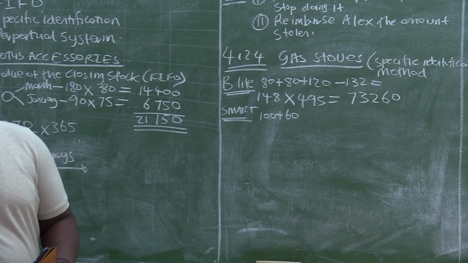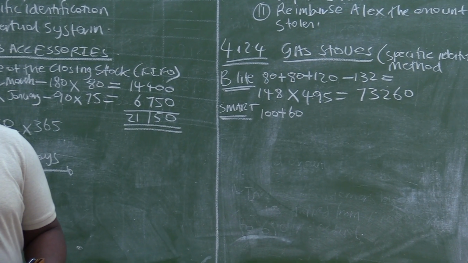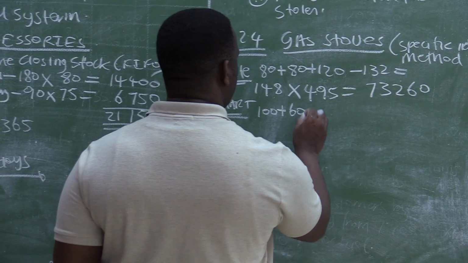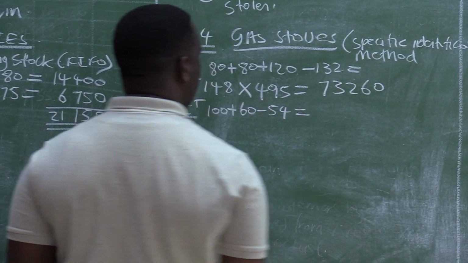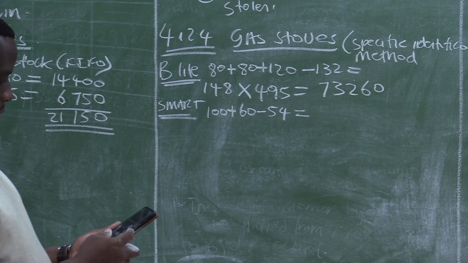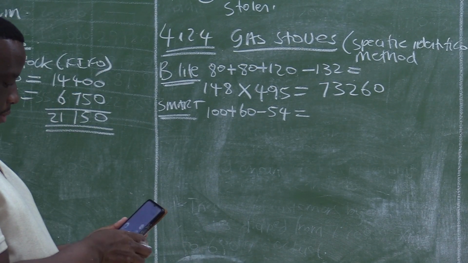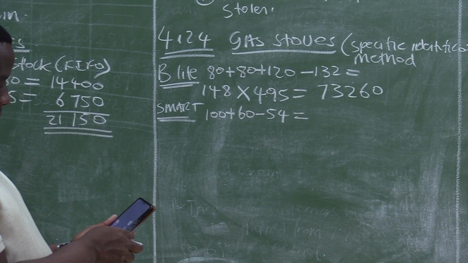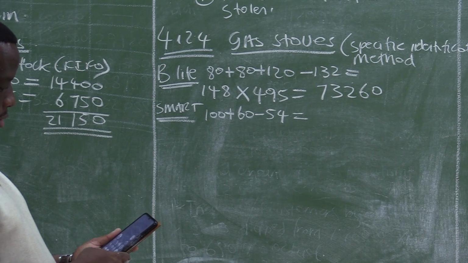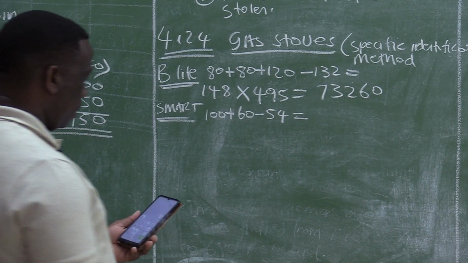The smart is 100 plus 60 minus 54 sold. 160 minus 54, that's 106.